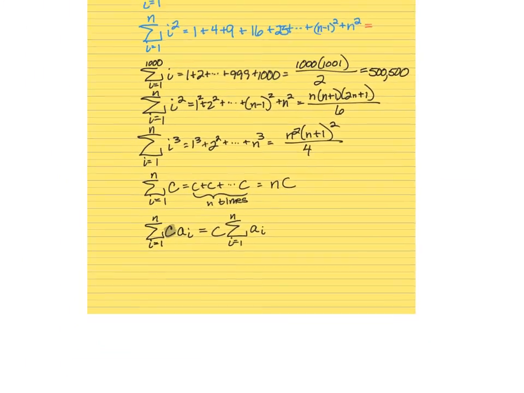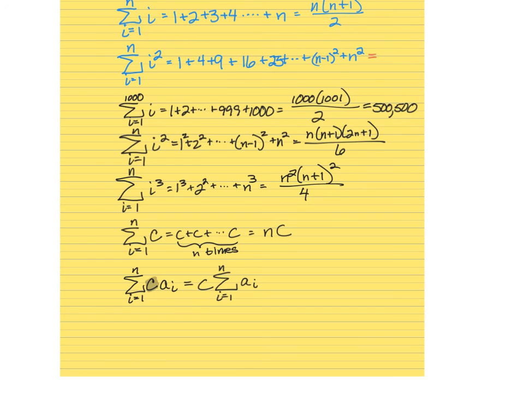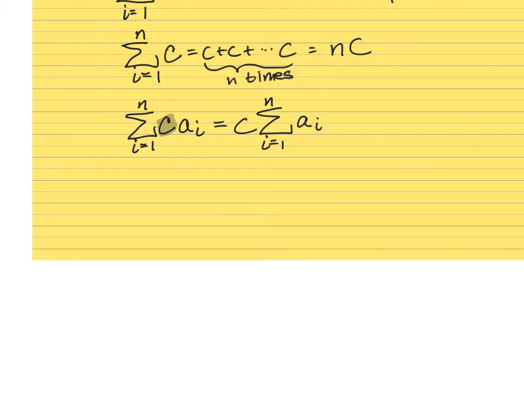So why does that matter? Well, let me tell you why that matters, because we can now do this, right? Suppose I want to add up the first 20 values from the formula 3i squared minus 7i. Well, I can break this down like this.